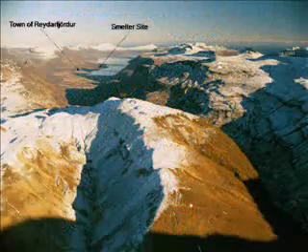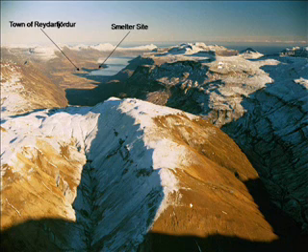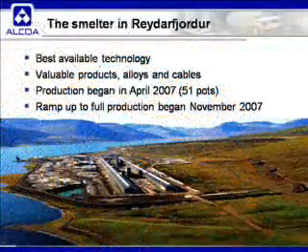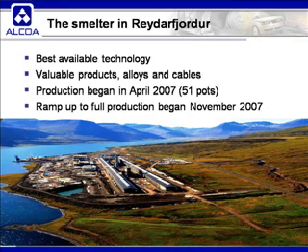So we are going to begin this whole discussion of how aluminum is made and smelted by using an example that's unique and a little bit more interesting than just how aluminum's made in general. Recently there was a plant built by Alcoa, an aluminum company, in Reyðarfjörður, Iceland.